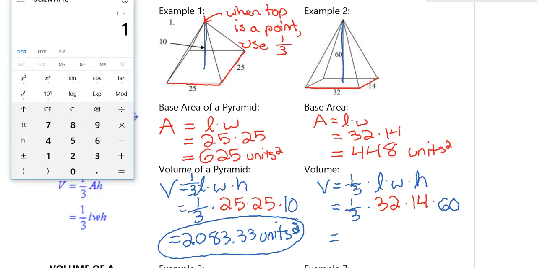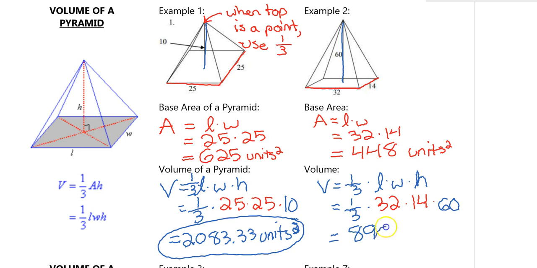So 1 divided by 3 times 32 times 14 times 60 is 8,960 units cubed.